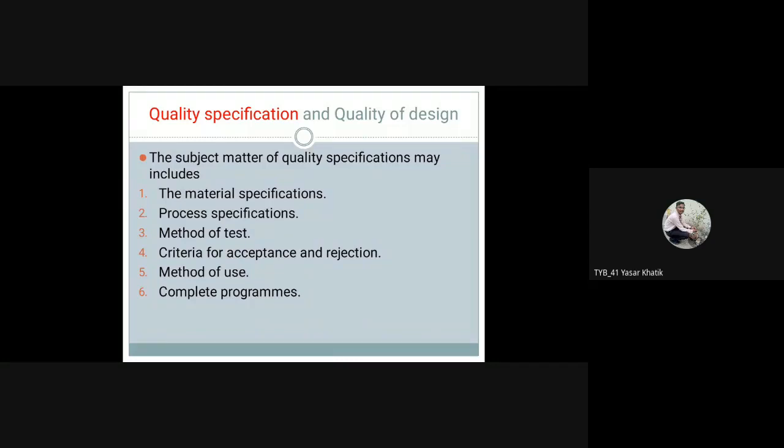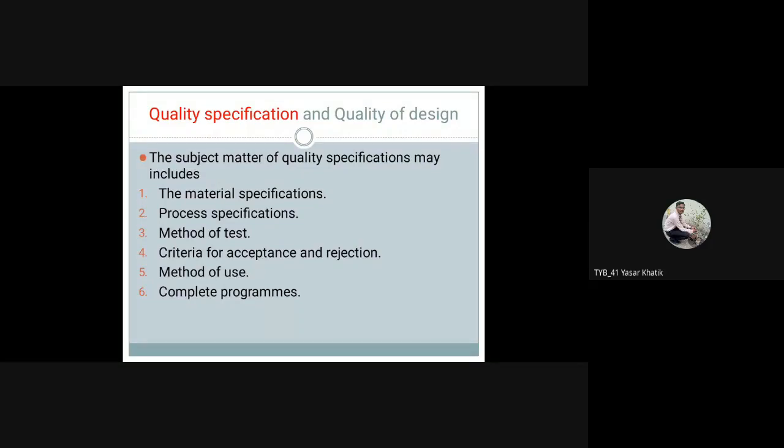Then process specification, which process we are going to do step by step. Method of test, which method you are going to follow, that also we have to mention. Criteria for acceptance and rejection, which product is correct and which product is not correct, means not acceptable. That criteria we have to make at the organization level.